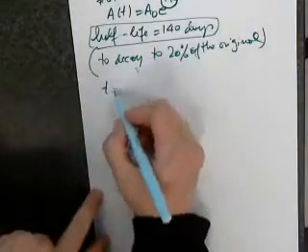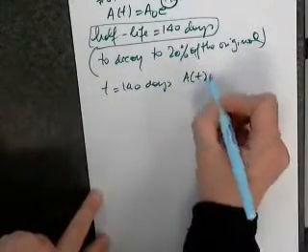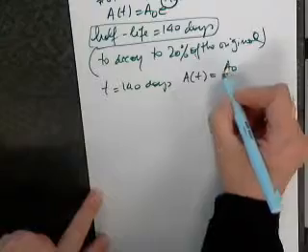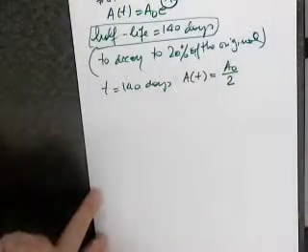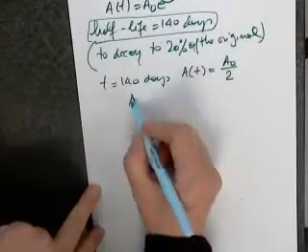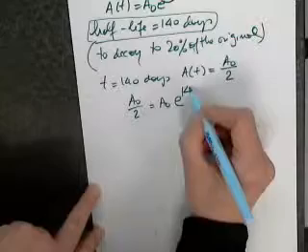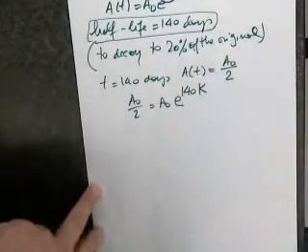So when t is 140 days, A of t is A0 over 2, half of the initial. And this is what I have to put in: A0 over 2 equals A0 times e to 140k.